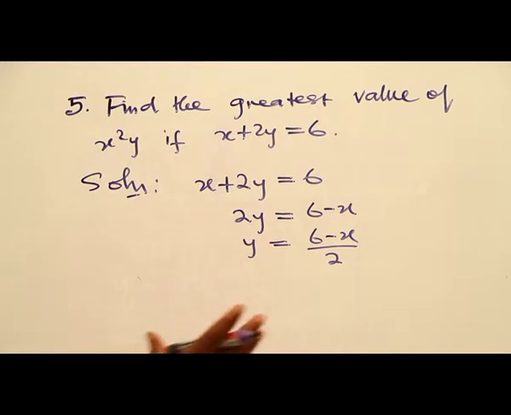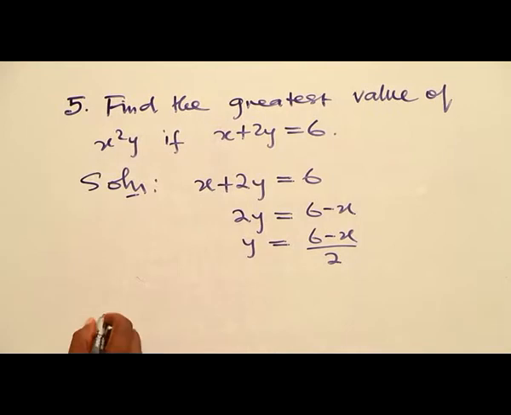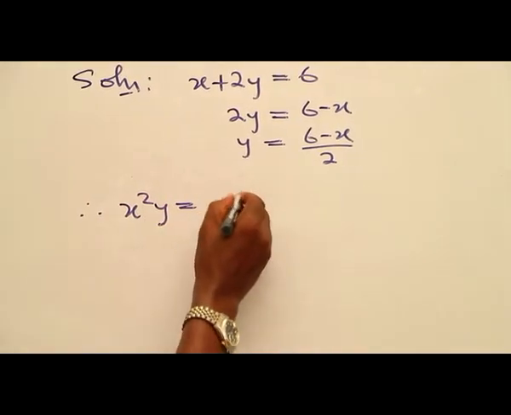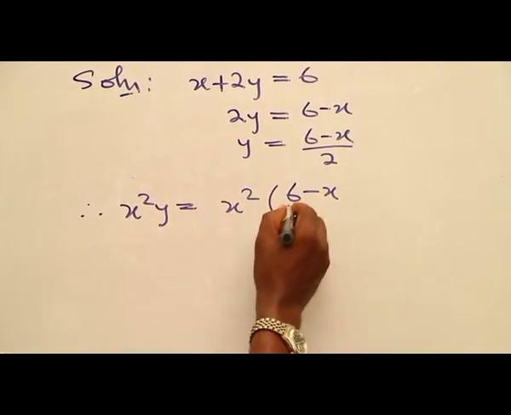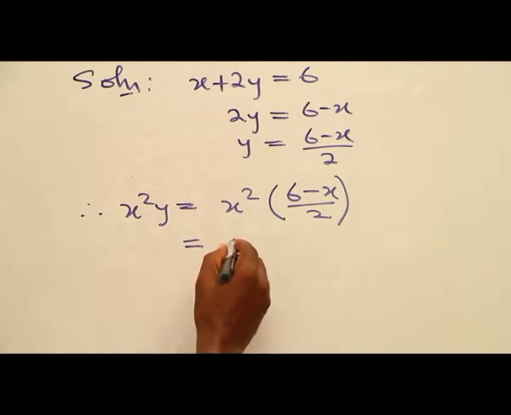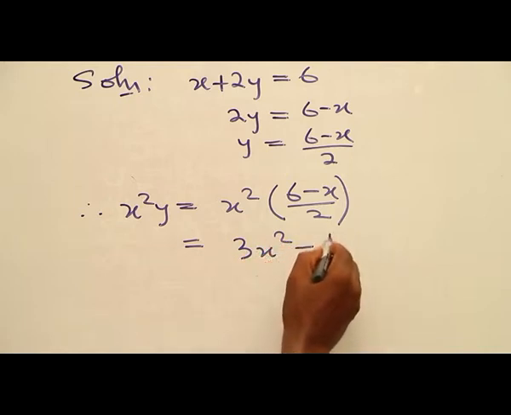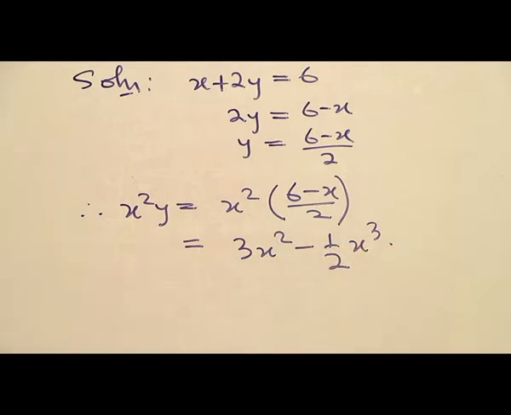I will now replace y by (6 minus x) all over 2. So we now have x squared y equal to x squared multiplying (6 minus x) all over 2. If you expand this, you will have 3x squared minus half x cubed.